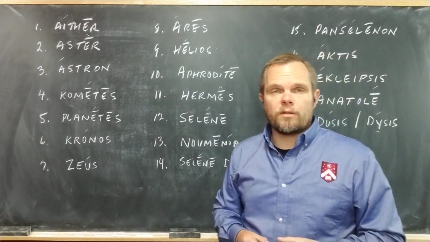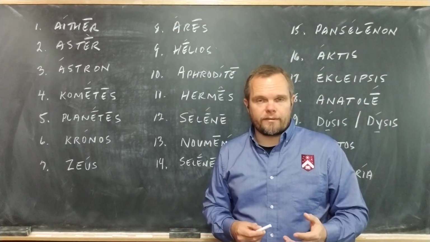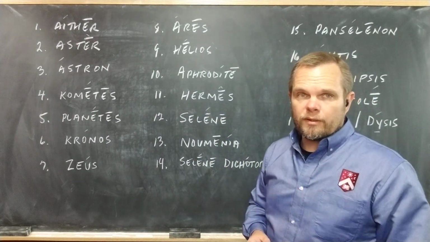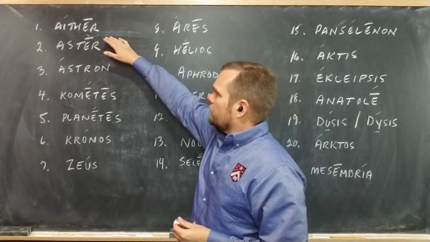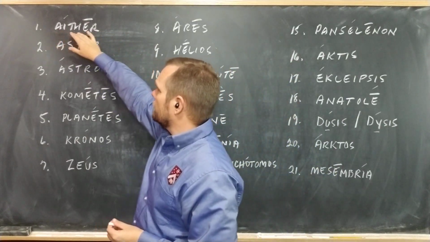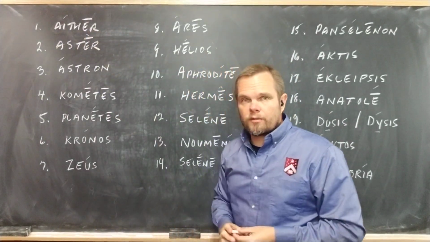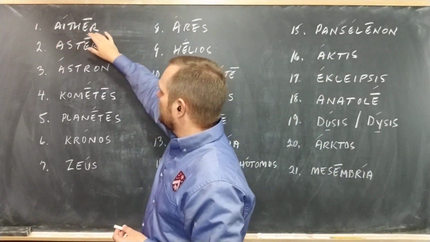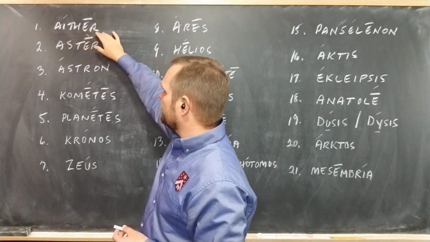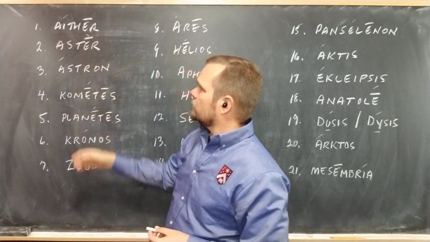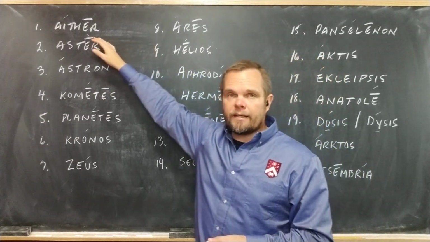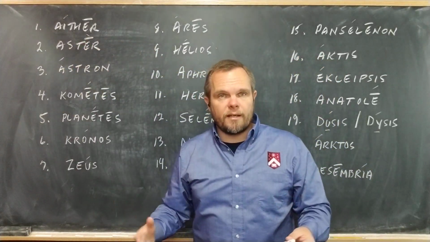That's the Latin word for the sky, the ether, okay? And that Latin word is derived from the Greek word. If we look up here, this is the transliterated form of that first Greek word, and it's pronounced aether, aether, aether. So in Latin, ether, in Greek, aether, means the sky.